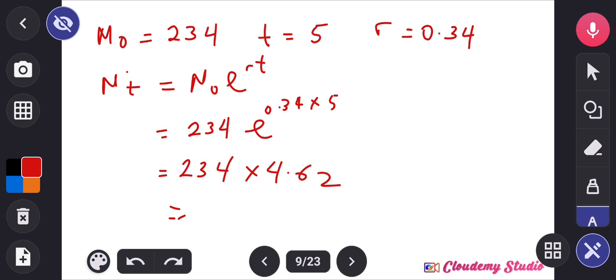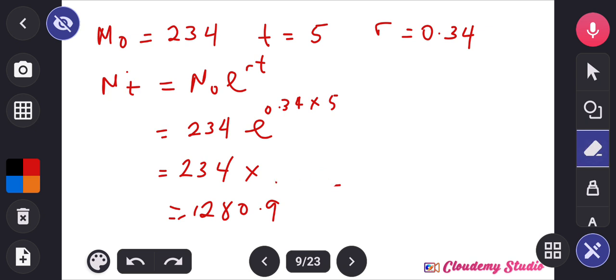I have 1280.9. You understand? That is 1280.9. Exponential 1.7 is supposed to be 5.47. I made a mistake. 5.47.